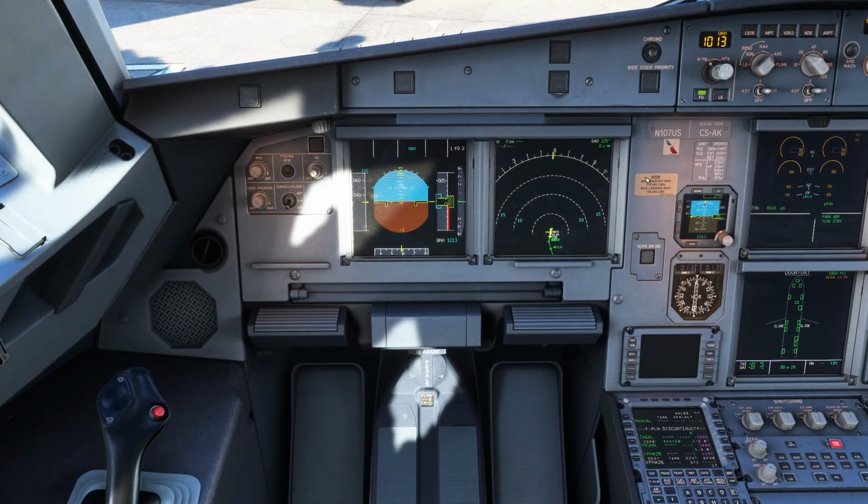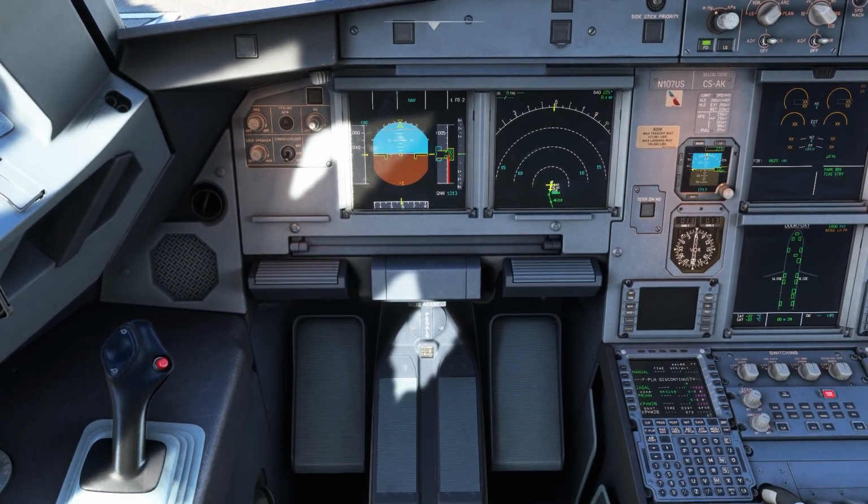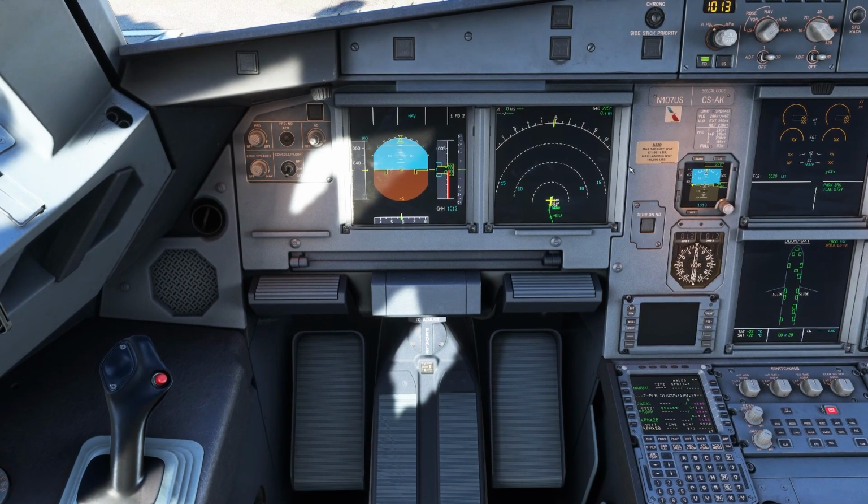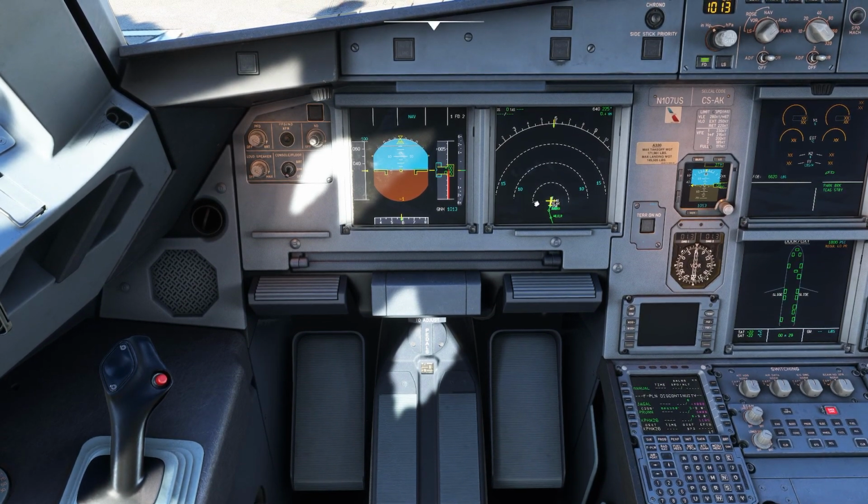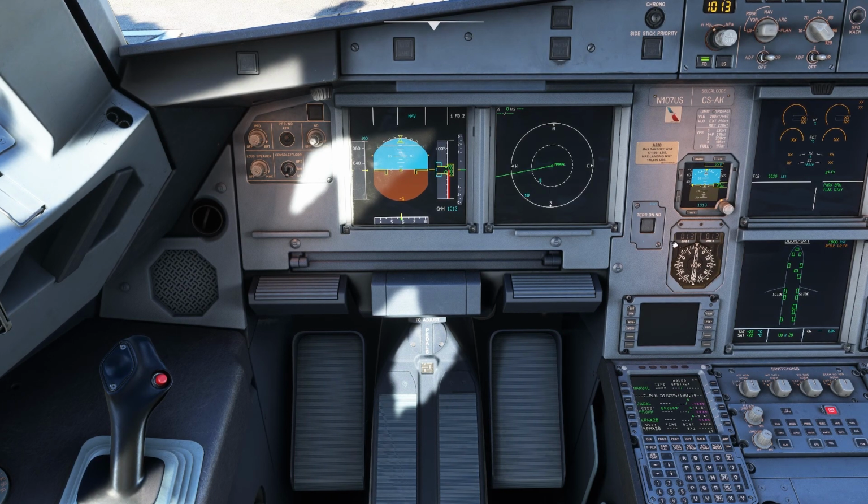So if you want to see your flight plan on here to see what it looks like, you would go up here and turn that to plan. And the other thing you would do is come down here and go to the beginning of your flight plan, which is just by clicking on flight plan. And here is the beginning of your flight plan.